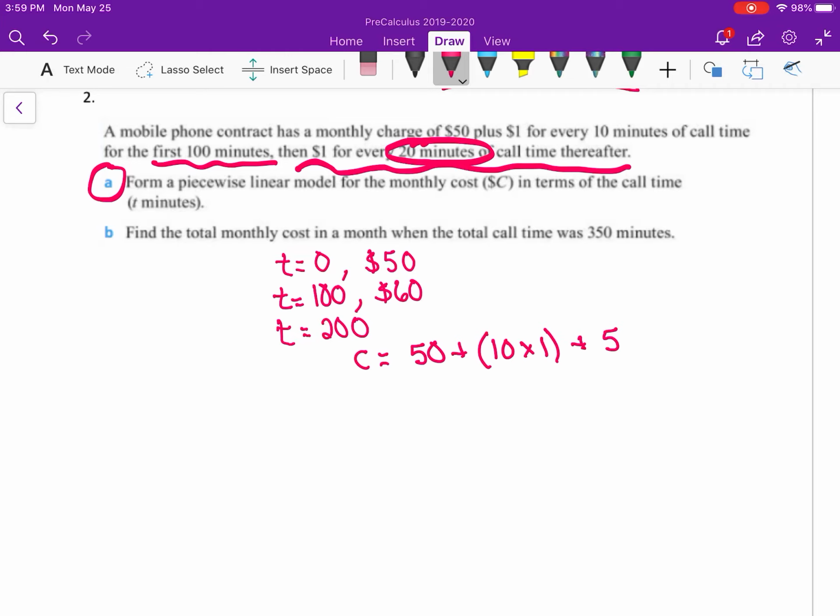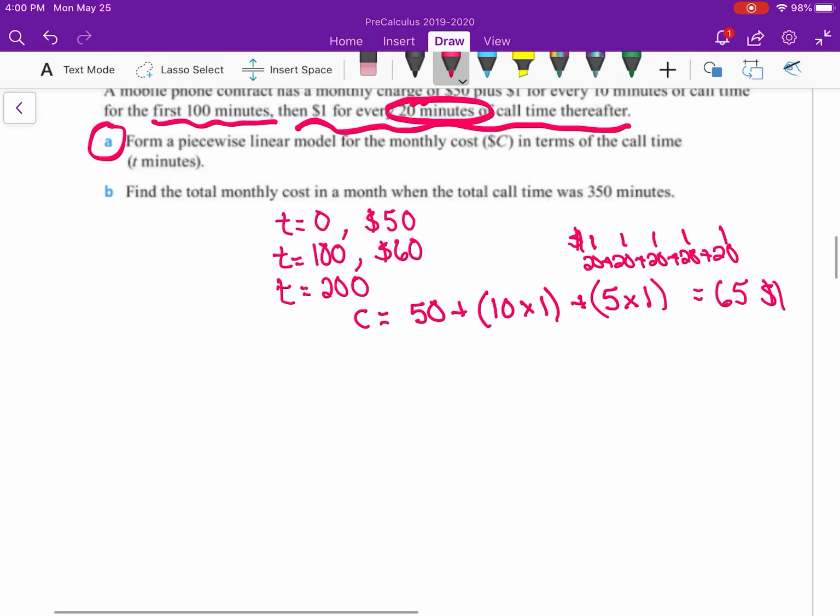So that would get us to 200, and that gives us $65. Because this is 20 plus 20 plus 20 plus 20 plus 20, and each one of those groups is $1, $1, $1, $1, $1. Okay, that's where that's coming from.